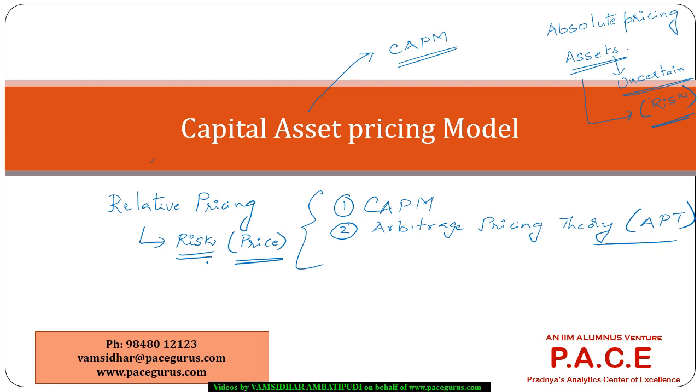So a more risky security should be sold for cheaper, because there is a high risk involved in it, so the return that it should give is much higher compared to a low-risk security. So the risk is already bundled into the price.